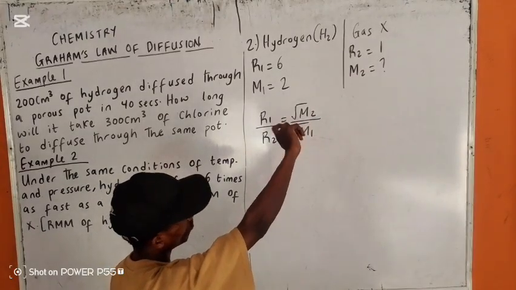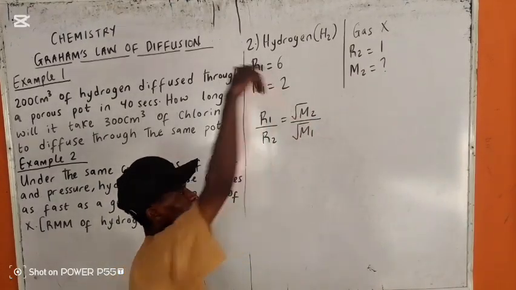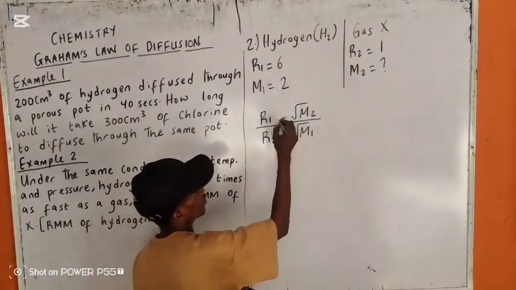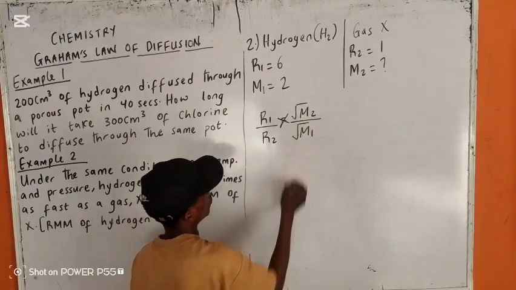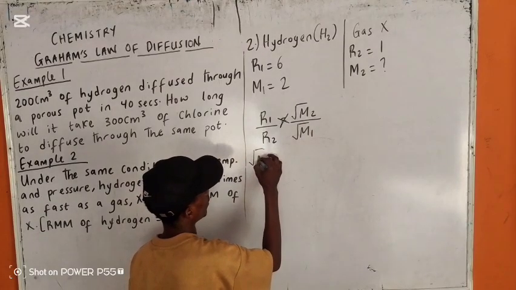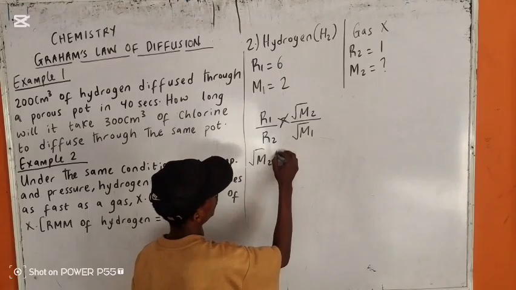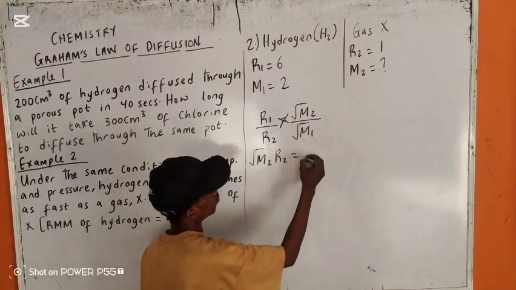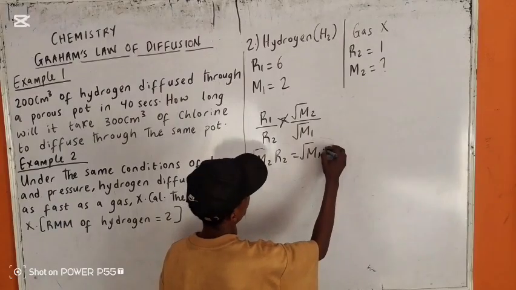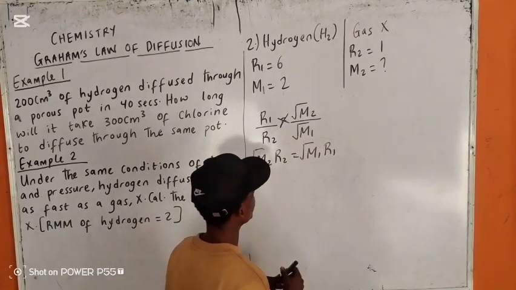M2 is the unknown, so we make M2 the subject of the formula by cross multiplying. So we have square root of M2 multiplied by R2 equals square root of M1 multiplied by R1. So what do we do?